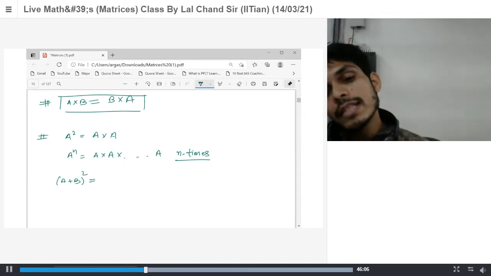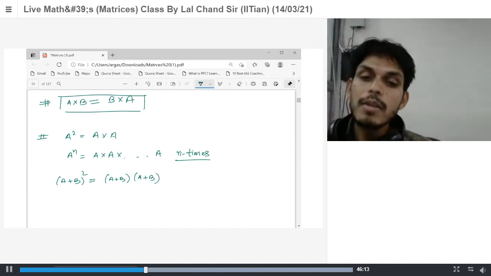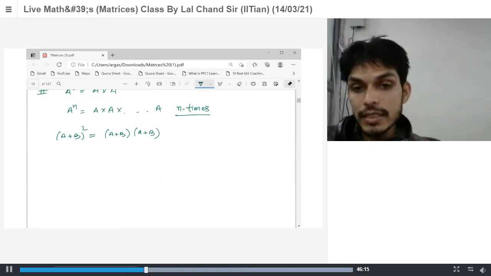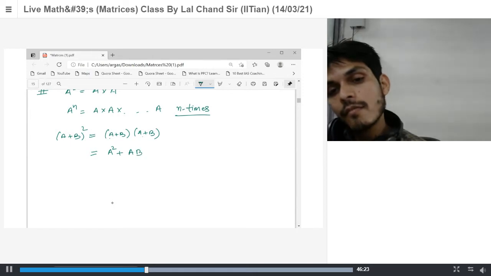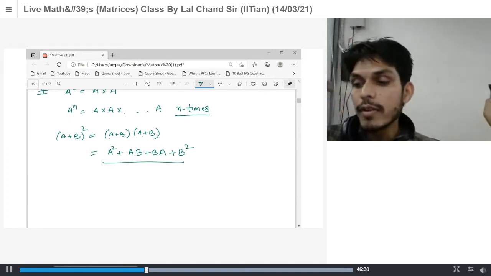This is equal to basically A plus B into A plus B. So if I multiply these two matrices, here I have A square, A into B, BA plus B square. This is the product. Okay? Whole square of A plus B.